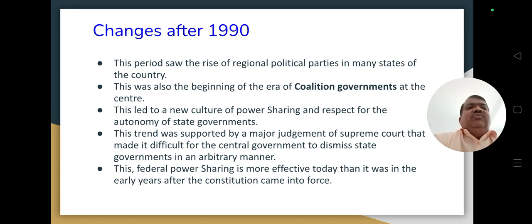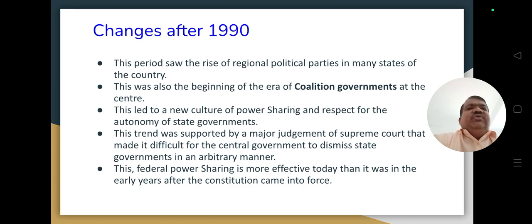This led to the culture of power sharing and respect for the autonomy of state governments. This trend was supported by a major judgment of the Supreme Court that made it difficult for the central government to dismiss state governments in an arbitrary manner.